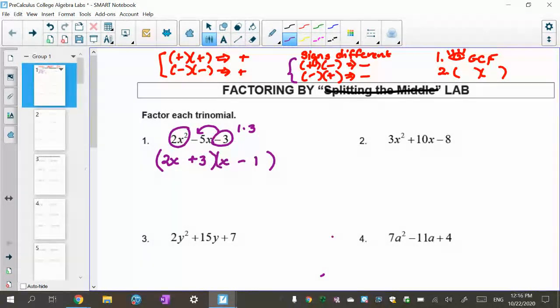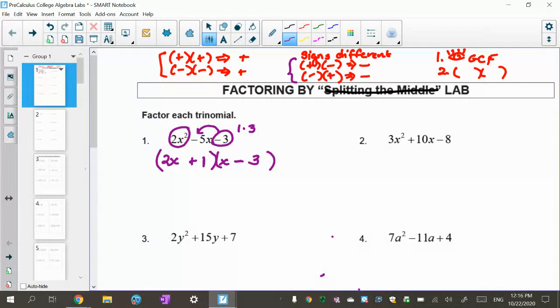That's a positive x, so that doesn't work. So I'm going to erase that and try it a different way, putting the 3 and the 1 in a different spot. This is 6 and 1. If I make this negative and positive, I'll get a -5. So 2x squared minus 6x plus 1x minus 3. There I go, I have it factored.